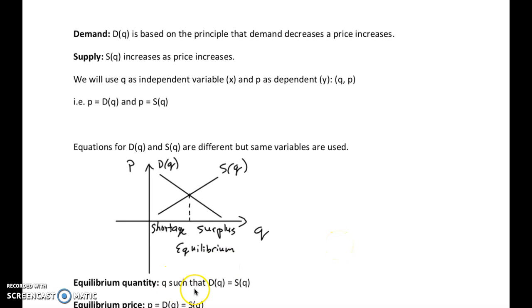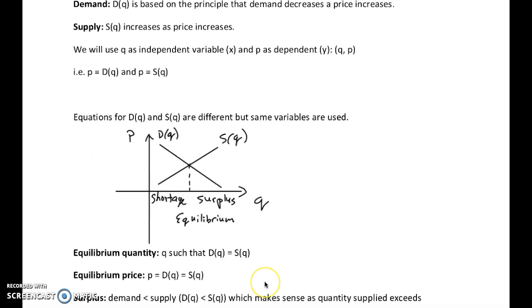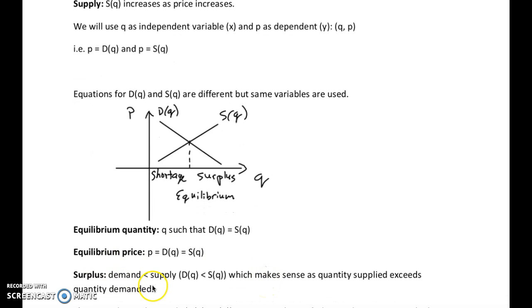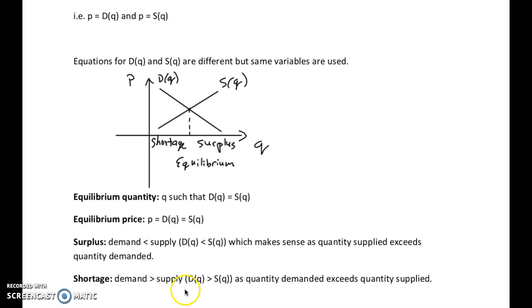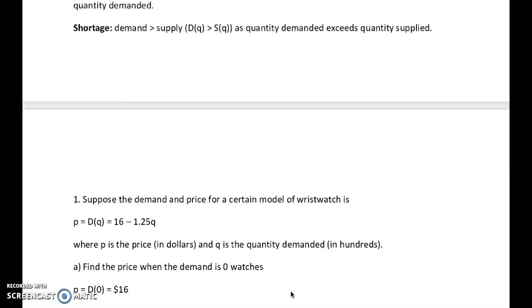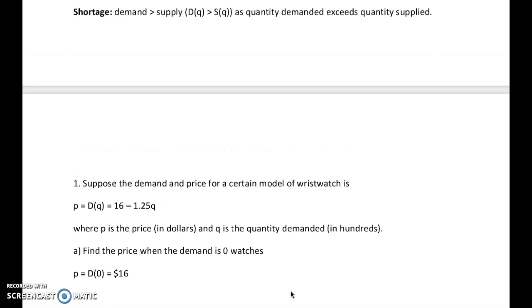And we really want that happy spot for everybody where our demand meets our supply. That means that whatever I'm producing is getting sold at the price that I'm asking for. Okay. Our surplus is if our demand is less than our supply, and our shortage is if our demand is greater than our supply.